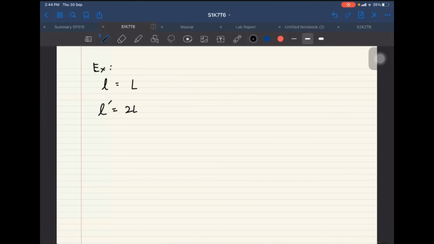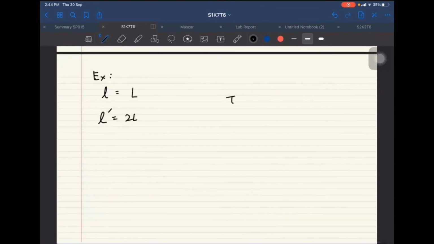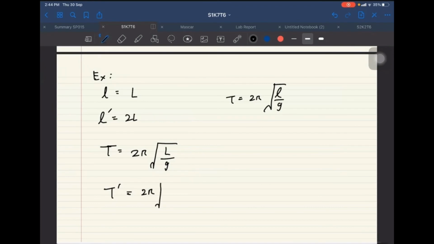That is what it means. So like what I usually show, proportion. Take that formula, I show you, you just substitute. So the initial T, the original T, its L you substitute as L. So you leave it like that. The new T, which uses the new L, will be 2L over g.